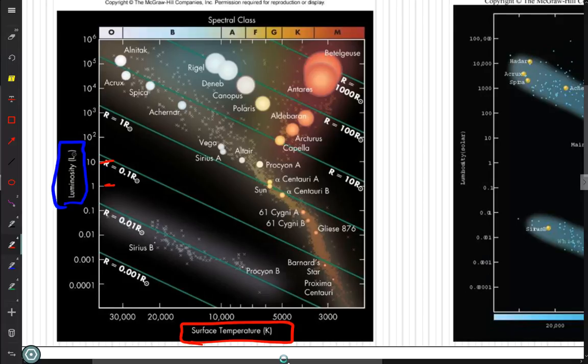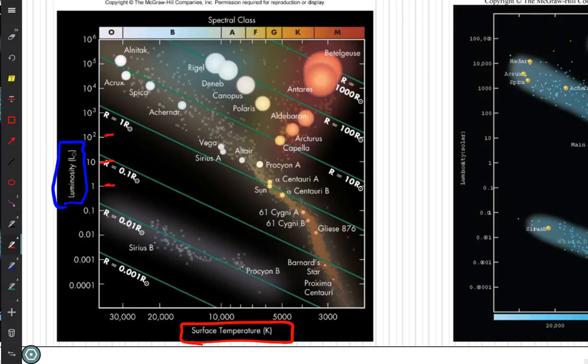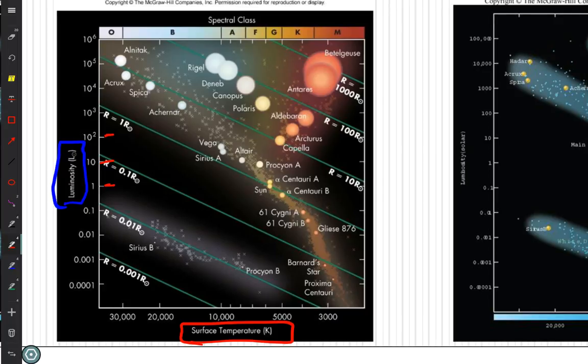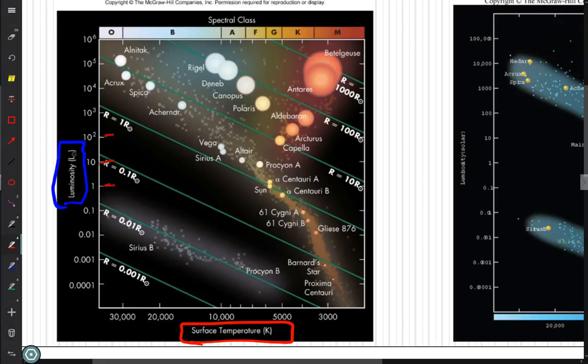So if I go from 10 to the first to 10 to the second, how much do I multiply it by? 10. Each one of these numbers is 10 times greater than the one below it. We call such a scale a logarithmic scale rather than a linear scale.